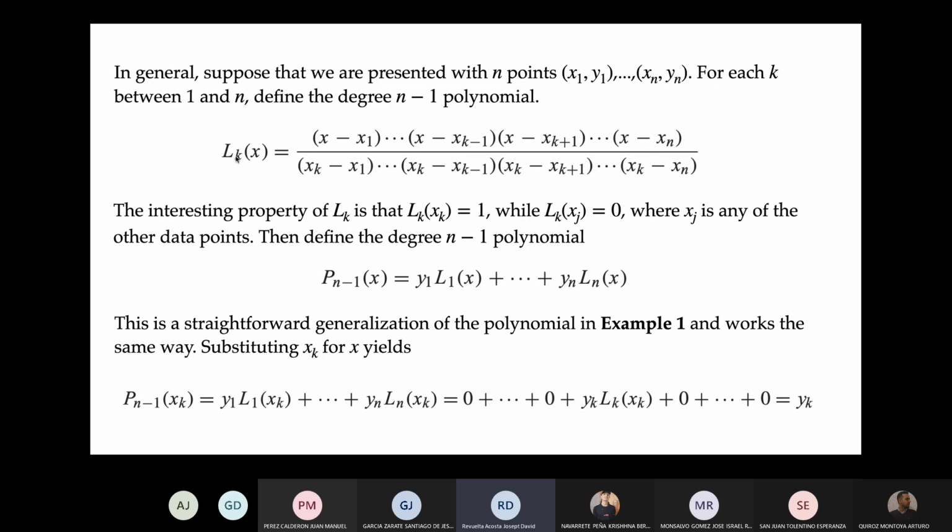So if k is equal to 4, you're saying that this is going to be x1, and then x2, and then x3. So we're skipping this one. And the same for this one, but in this case, you're going to use all the time x4: x4 minus x1, x4 minus x2, x4 minus x3. That's it. So that's what you're going to do in the case of the Lagrange interpolation.